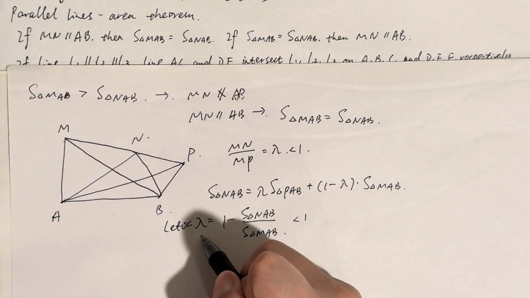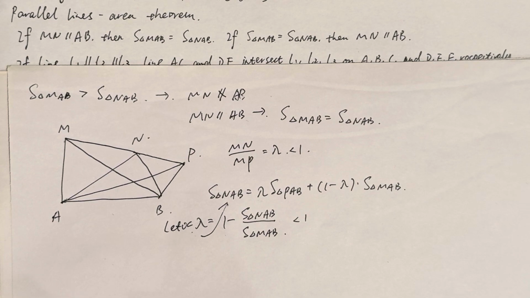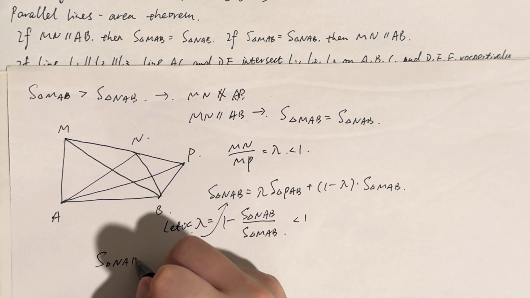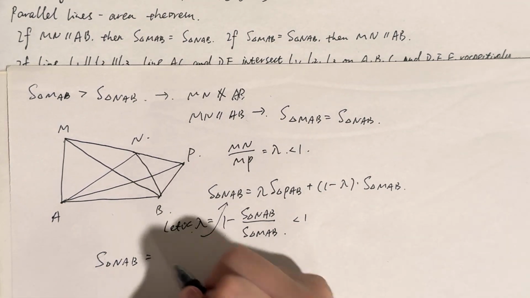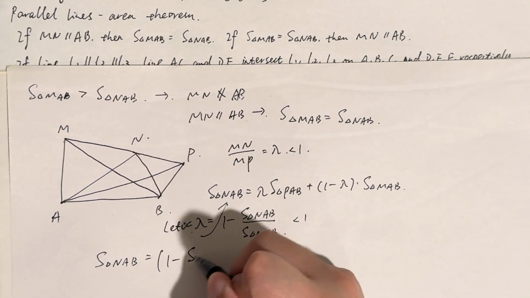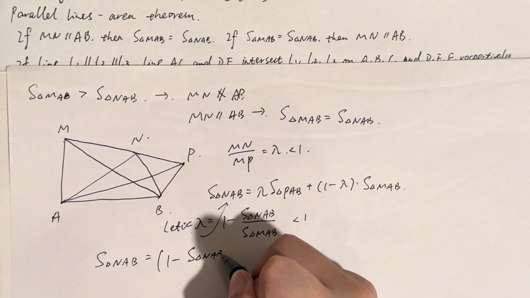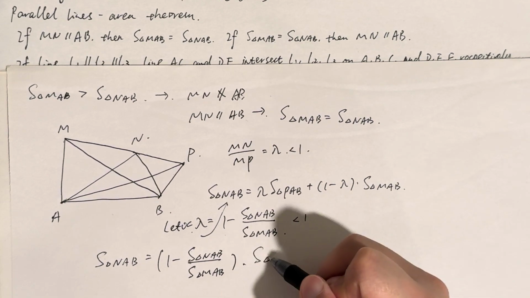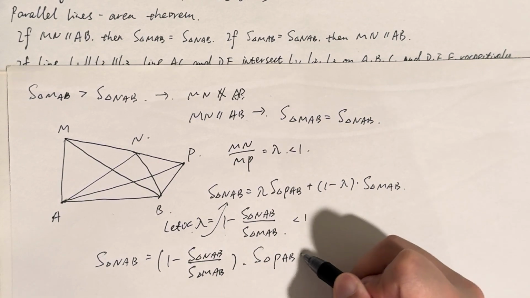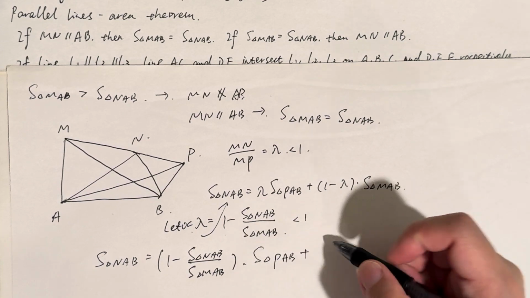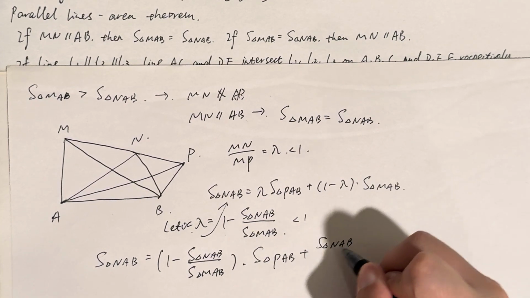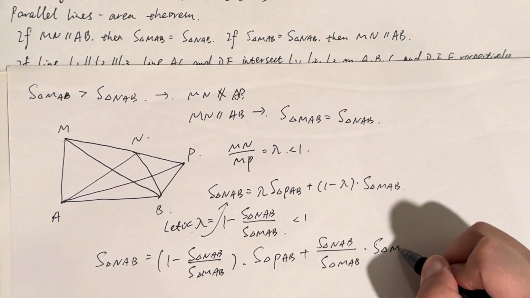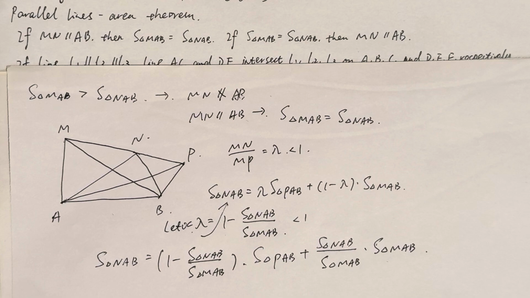And if we put this lambda back into this equation, then we get the area of triangle NAB equals lambda, which is 1 minus NAB to MAB, times the area of triangle PAB, plus 1 minus lambda, which is NAB to MAB, times MAB, right?